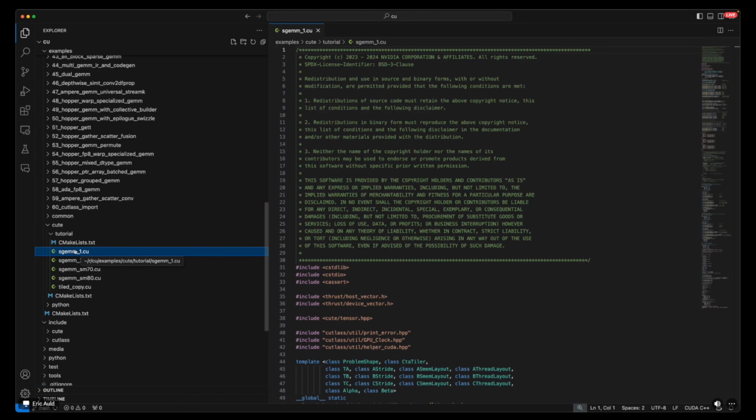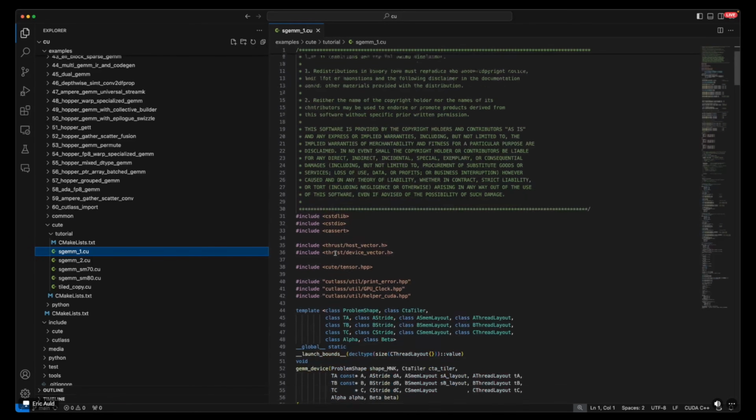Instead of SGEMM, you might see SGEMV, which would be single precision, general matrix times vector. This is the BLAS terminology that's been around since the late 80s. I think it started because Fortran only let you use 4 characters in your function name or something. Okay, so let's look at SGEMM 1.